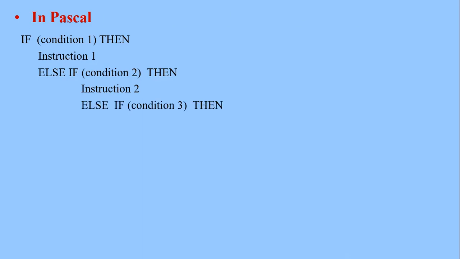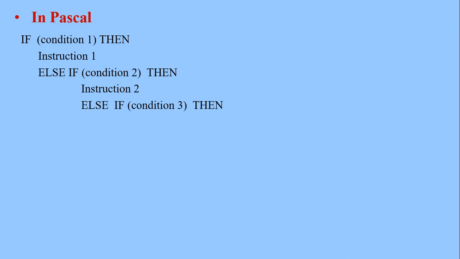So in Pascal, we have if condition 1, then execute instruction 1. And my dear students and the rest of the learners, remember, what I'm calling instruction 1 can be a compound statement, a set of several statements. Else, if condition 2 is met, then execute instruction 2, or the set of instructions that I'm calling instruction 2.